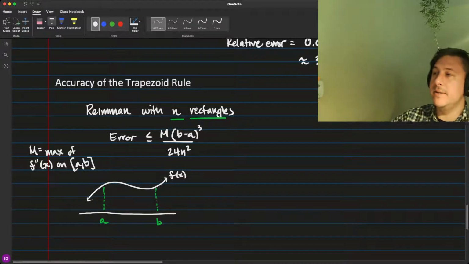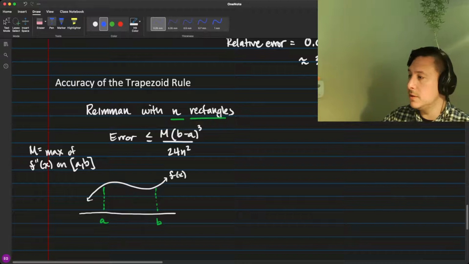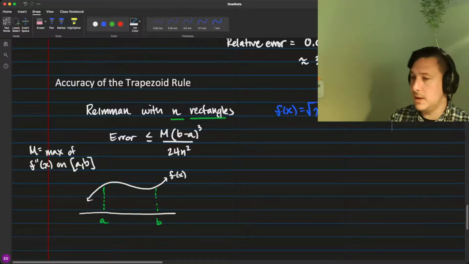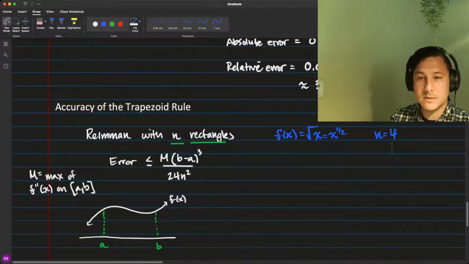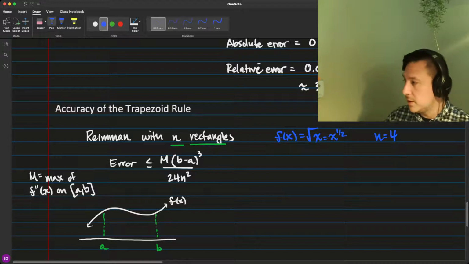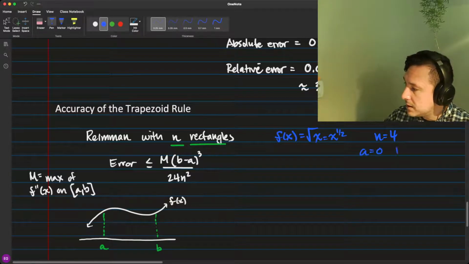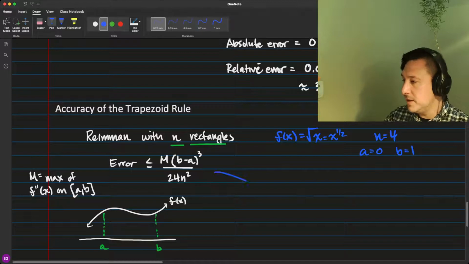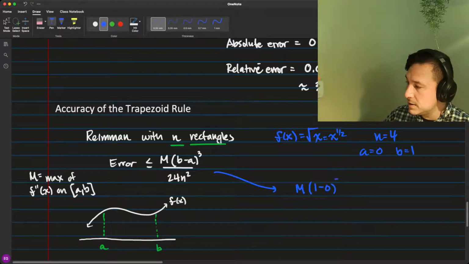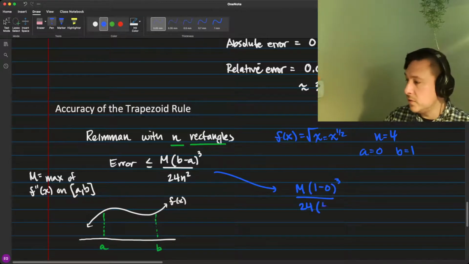So we'll calculate this for our previous example. For the square root example, we had f of x equals square root of x, which is x to the 1/2, and we had 4 rectangles. Our n was 4, our a was 0, and our b was 1. So if we plug into the formula, we get M, we'll deal with that later, times (1 minus 0) cubed divided by 24 times 4 squared.